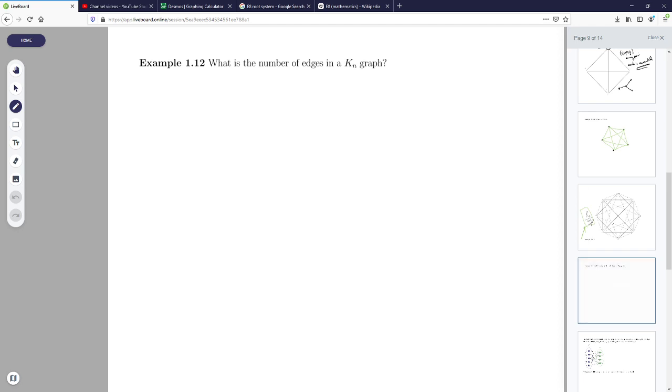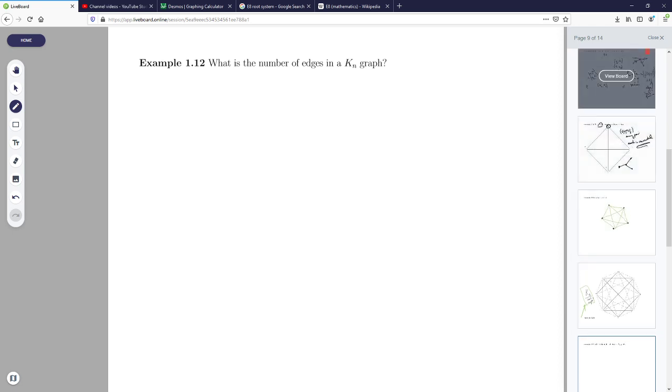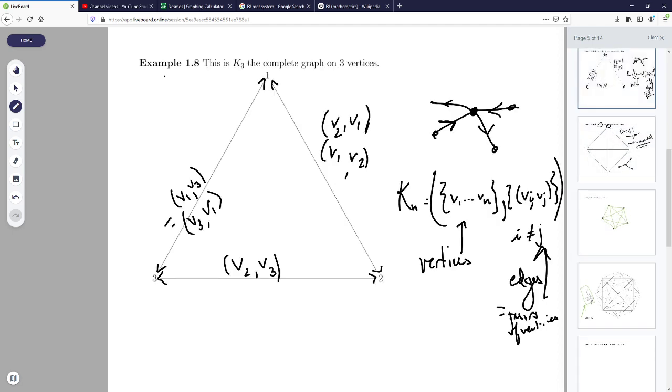So let's see what the next thing is. Here's a fun thing. How many edges does the Kn graph have? So let's do some counting. K3 has 3 edges.